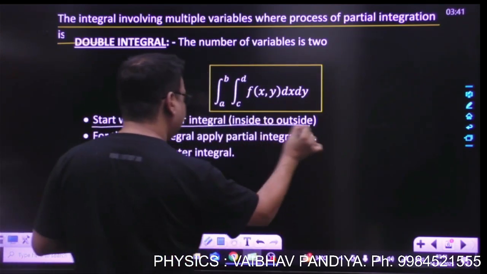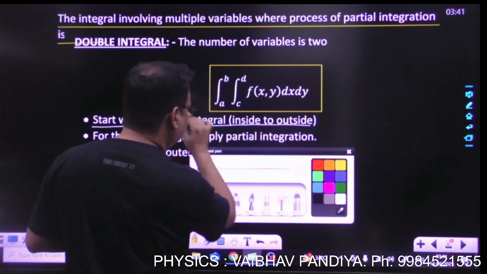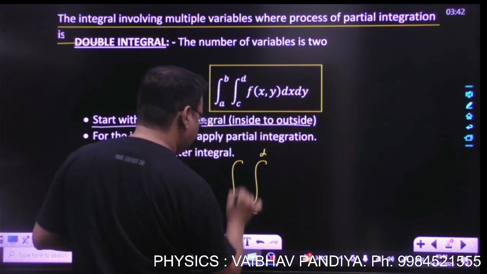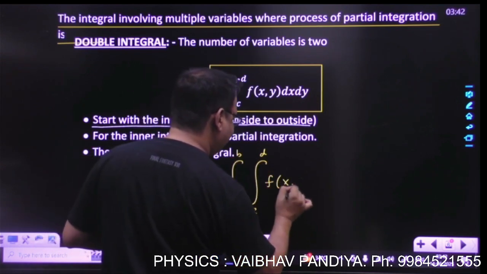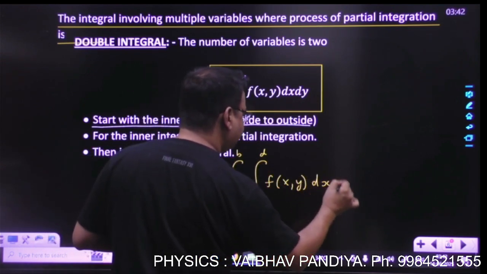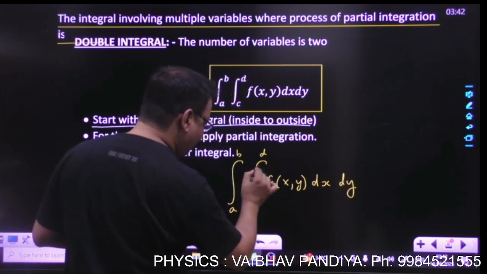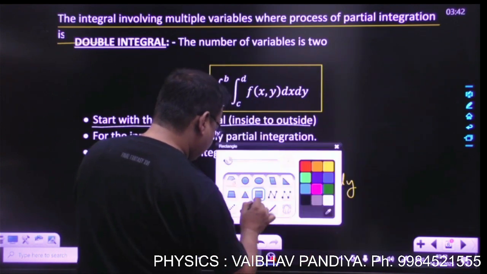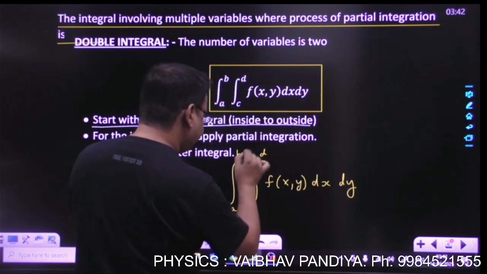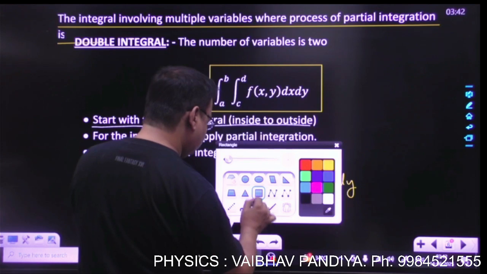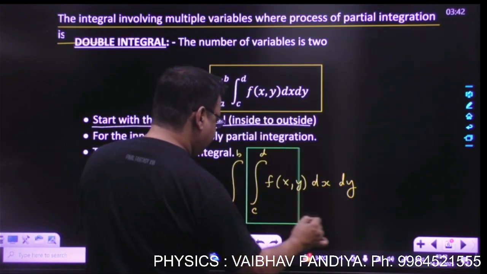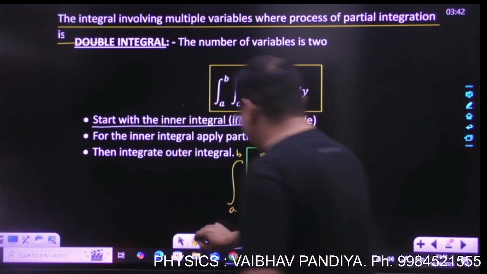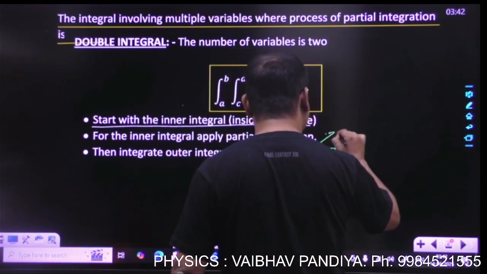If you have c to d, a to b, f of x comma y, dx dy, just focus on the inner integral sign, the rightmost integral sign, till the first element of integration. This is the innermost integral, correct? So we have to start with this.